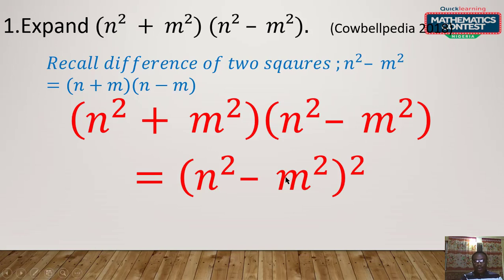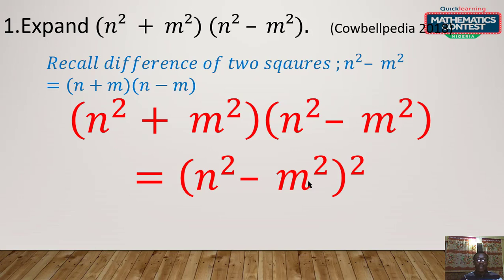Then, when you have a minus sign here, what you always do, you keep the minus sign first. Now this m square multiplied by itself, you have m raised to power 4. Now n square multiplied by m square is n square m square. Then I will multiply it by 2.